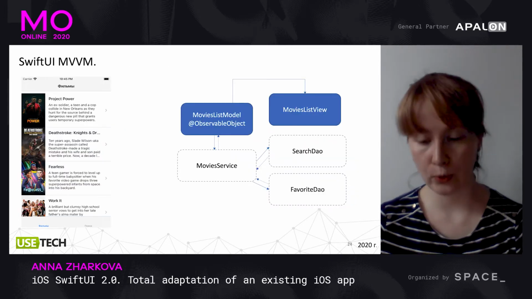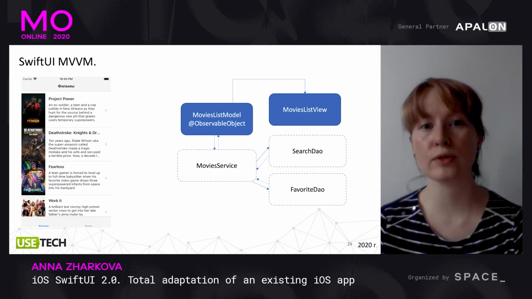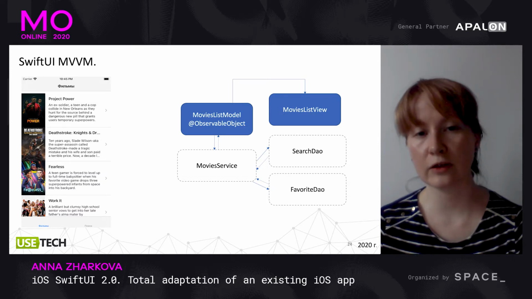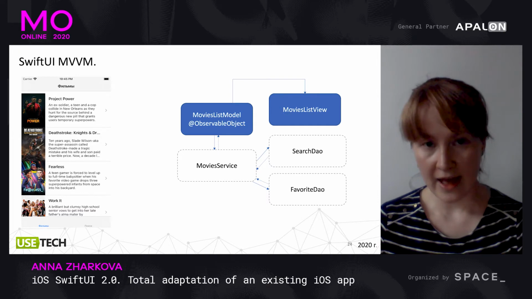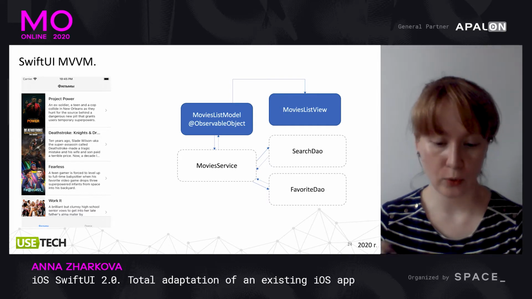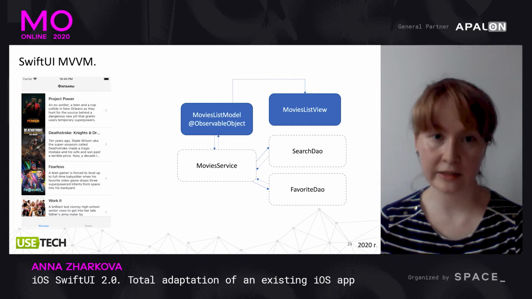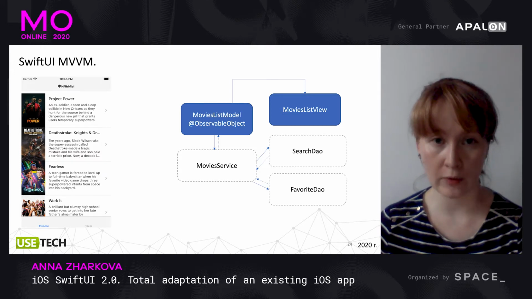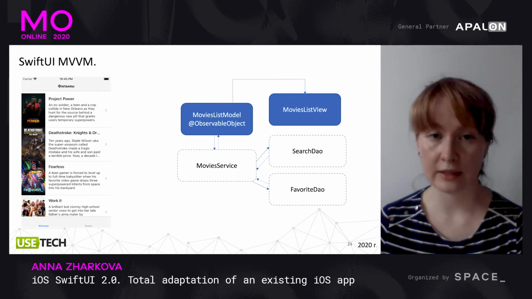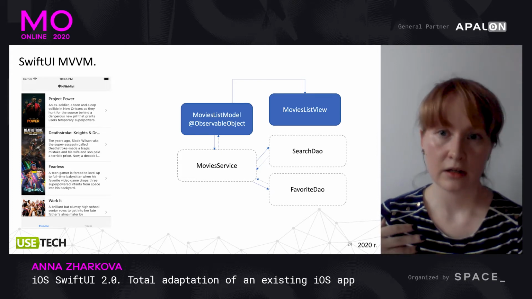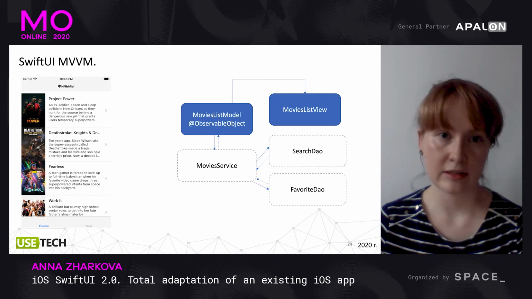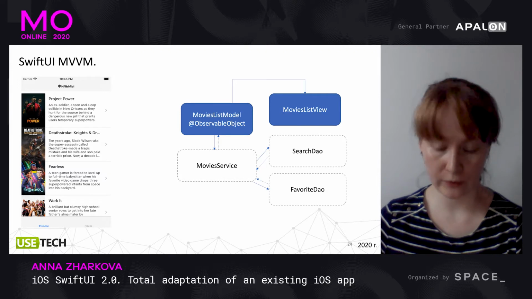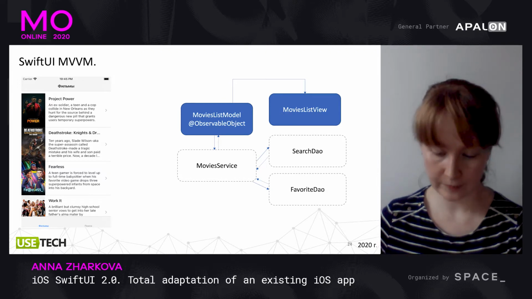We still have a view, but written declaratively, and we get a model as state and intermediate logic. The model makes requests to our services, delivers data, and sends its changes to our view. Not so hard.